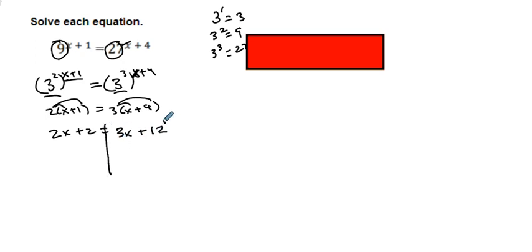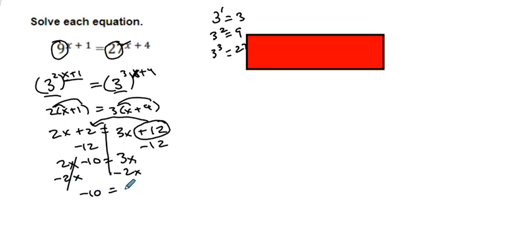Let's move the 12 over here, so we subtract 12 from both sides and we get 2x minus 10 equals 3x. Then let's move our x's: minus 2x cancels out here, and you get negative 10 is equal to x. And so we've kind of solved it.